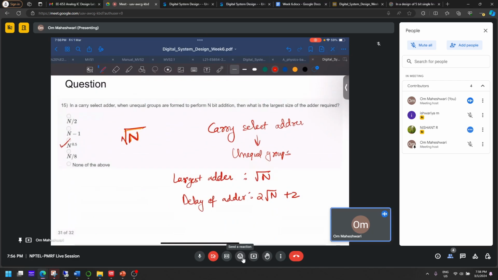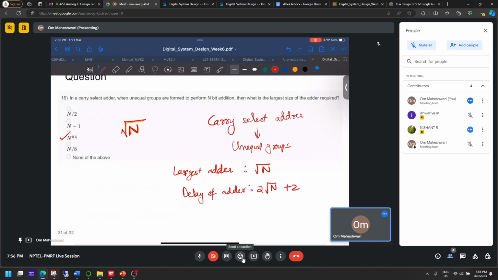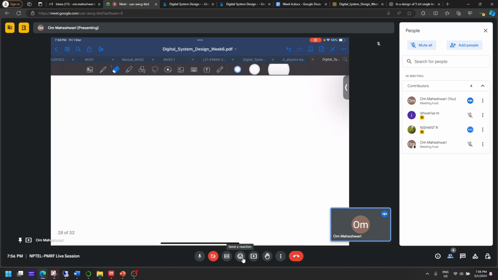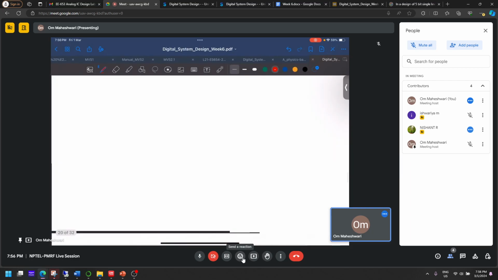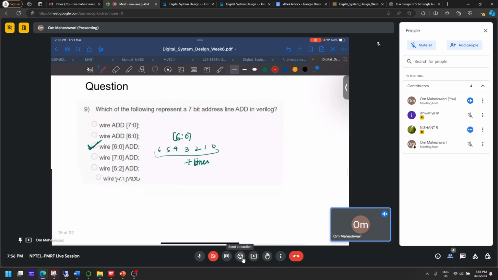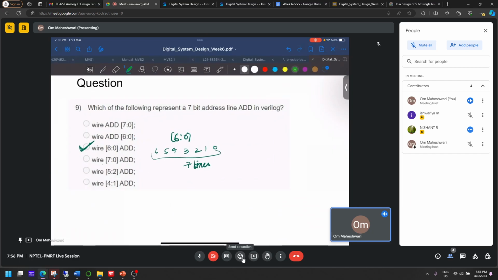So mostly what I expect is that Verilog is very important. So you should practice Verilog very well. Just like these simple questions are just syntax, right? This does not have any logic, these two are just to confuse you with the syntax. The logic was only till this.